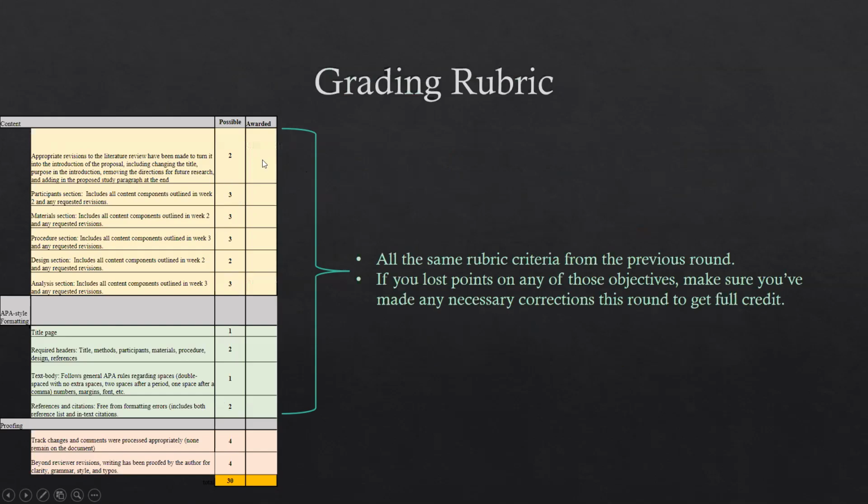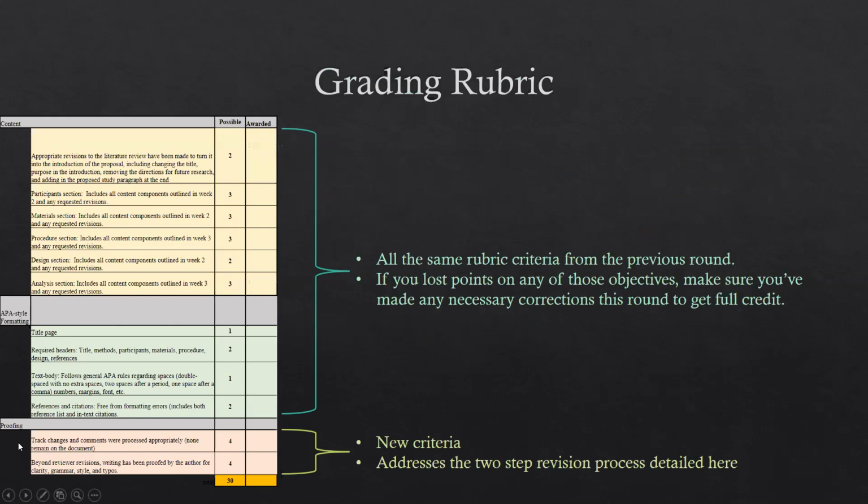If you got full credit on something, it doesn't mean that you don't need to change anything, it means you did it well enough the first time around, okay? So go ahead and look at your previous rubric, see what you need to change, and make sure that you at least get full credit on all of these things, because that should be very easy and clear what you need to change. So all of those are the same.